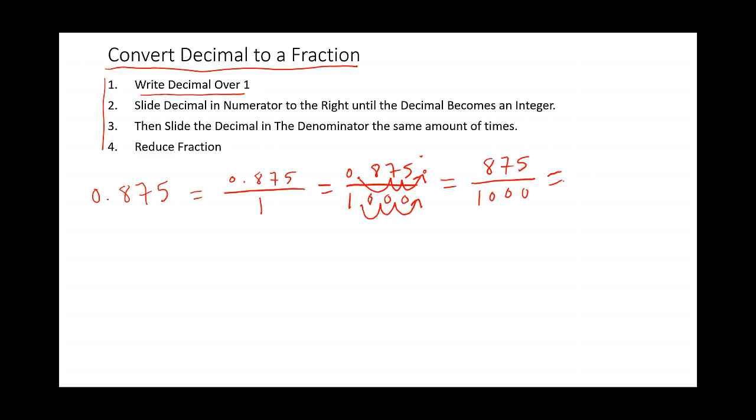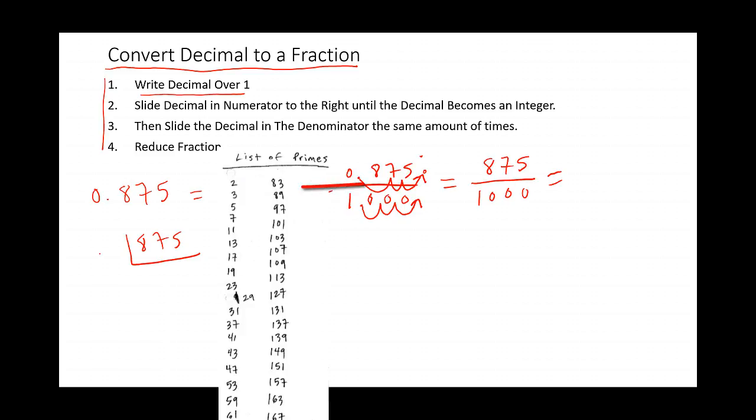Well, I'm going to come off to the side, 875. And we have to check for all of the possible prime factors. Now, I'm first going to ask the question, does 2 go into 875? No, it doesn't. How about 3? That one doesn't either. But 5, I think 5 does go in to 875.